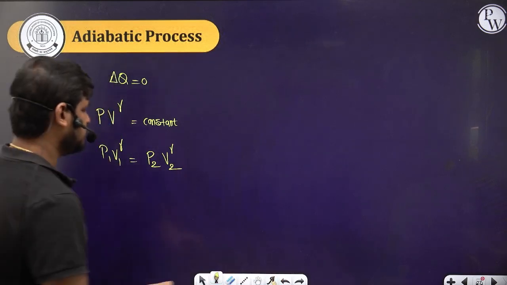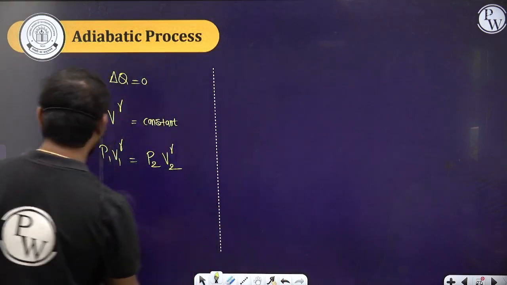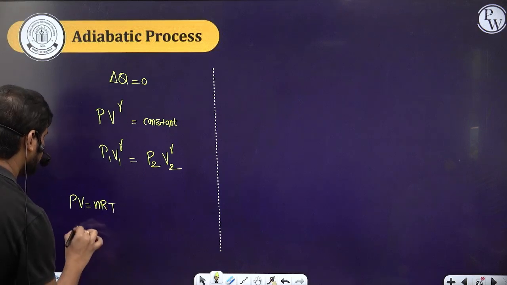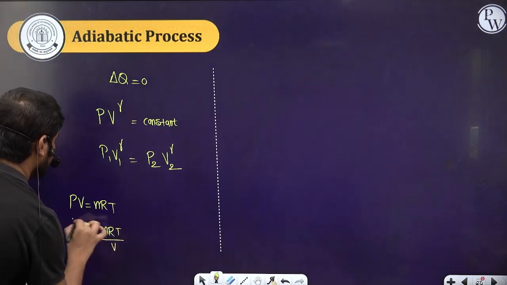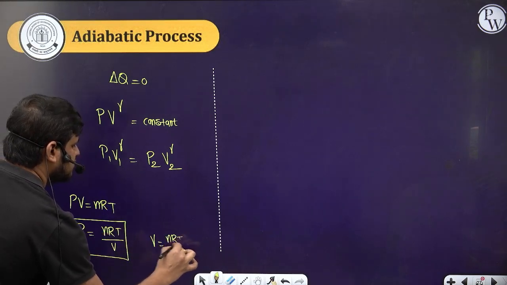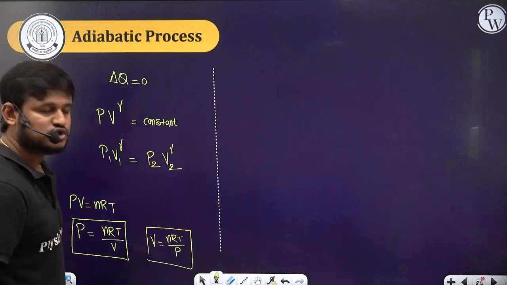Or else, we know that PV equals nRT, right? So in place of P, you can write nRT by V, or in place of V, you can write nRT by P. You can substitute that and get one more formula. How, sir? See here.